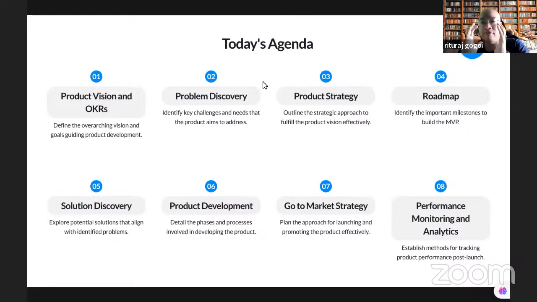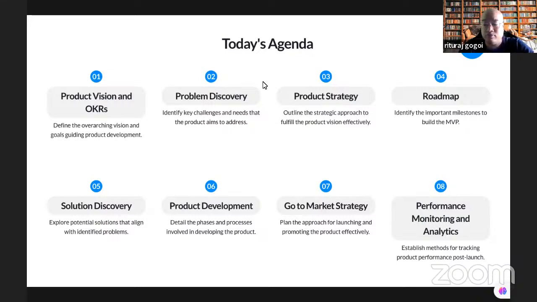And once we have the MVP in place, we will finally discuss how we can go live with that through GTM strategies. And finally, when we are going to launch the product and everything is out there in the hands of your end users, we will then see how we can use different analytics tools to do continuous performance monitoring, and that in turn will help us determine the future iterations for the product.